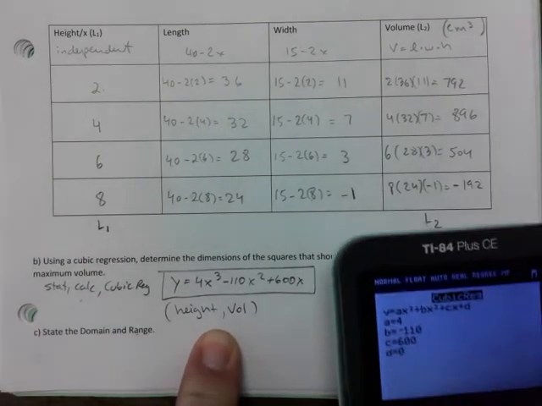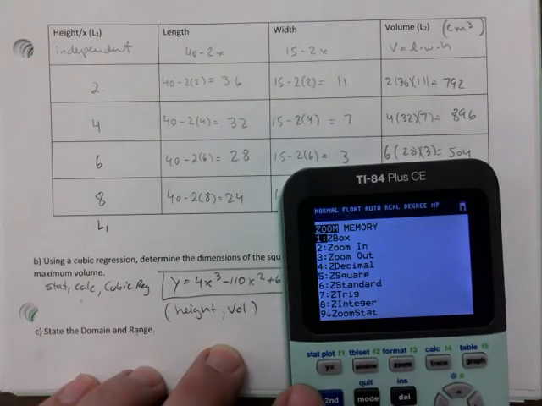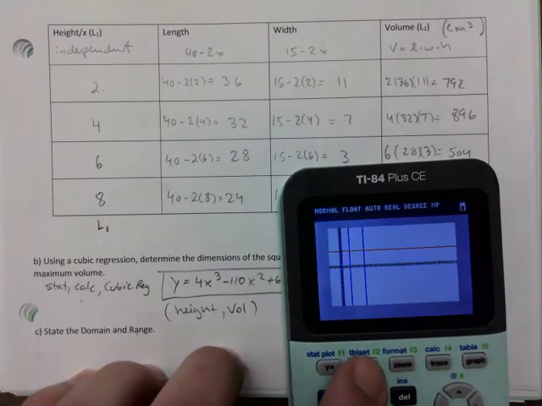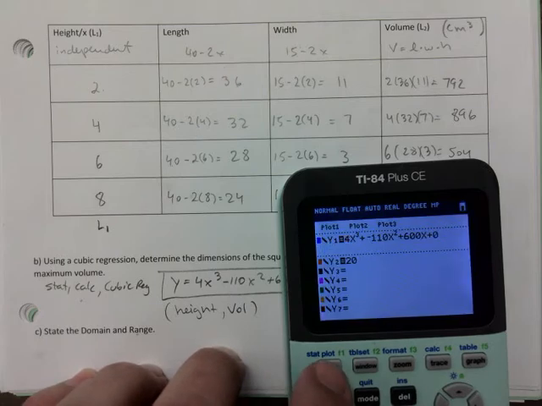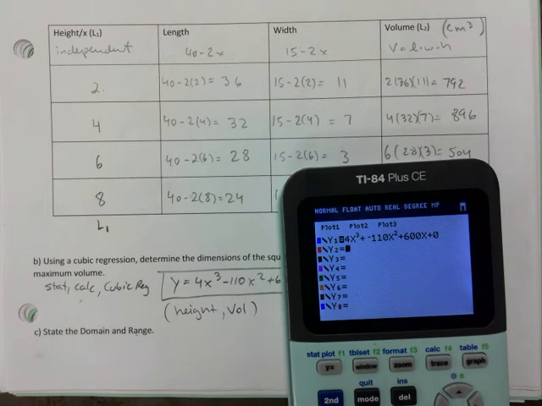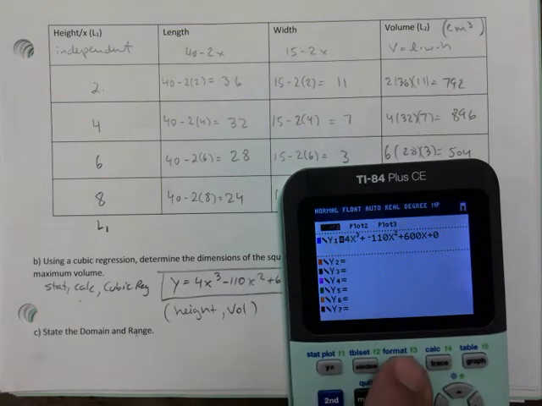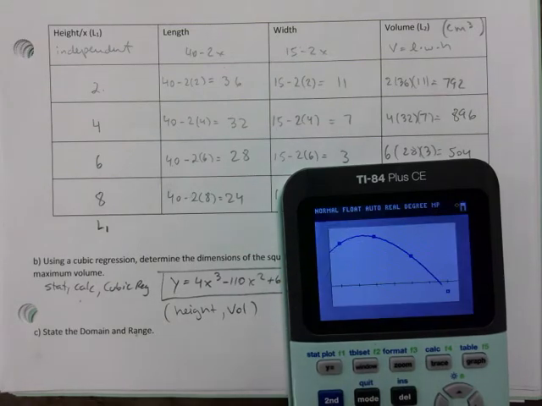So we graph it, and here's where you need to watch out. So I'm going to go zoom 9, and it doesn't work for me because, oh, I'm just going to pause the video here. All right, so I turn on plot 1, and now it's going to work for me. There it is.